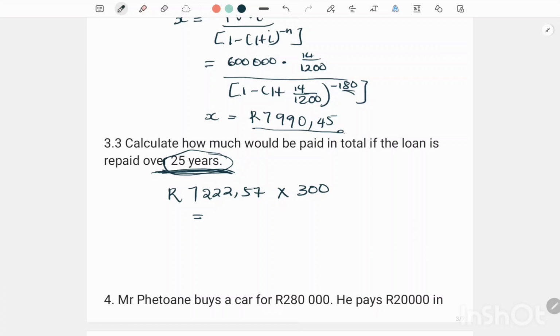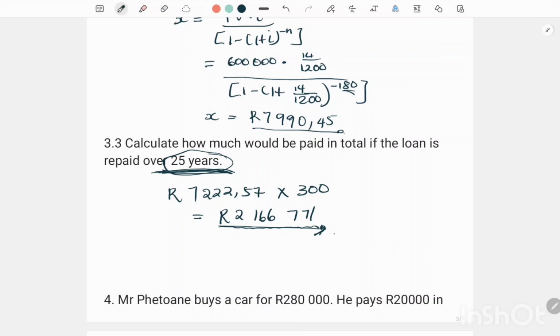Then it is found that Mr. Falibangwa and the family will pay about 2,166,771 rands. That is what they will pay after 25 years.